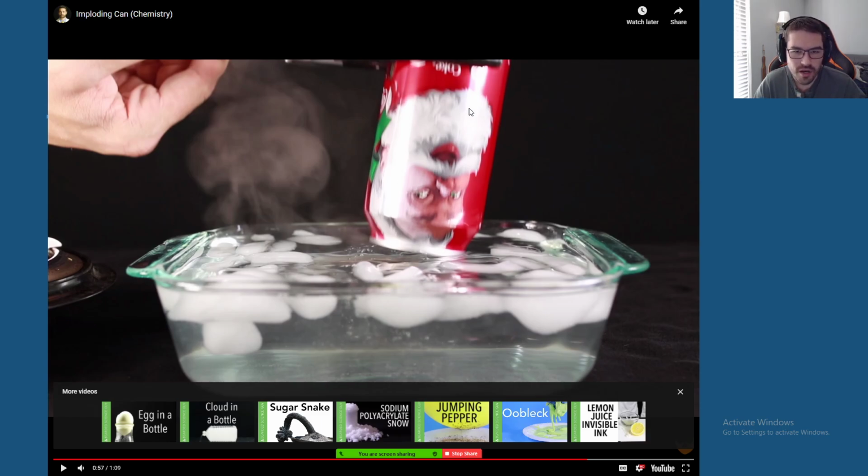It's not on the hot plate anymore. So the steam that's inside of the can is going to very quickly go from being a gas back into a liquid. So the amount of particles in the gaseous phase inside of the can are going to go from filling up the can to not filling up the can. There's not going to be enough particles in there to prop up the can.